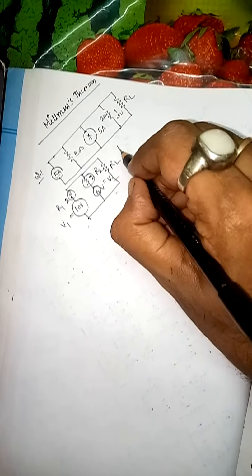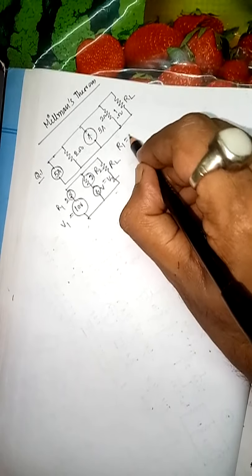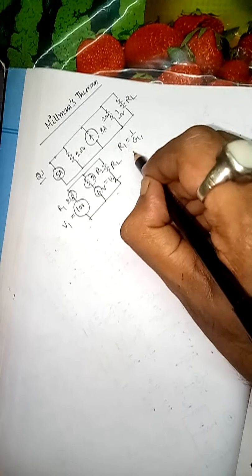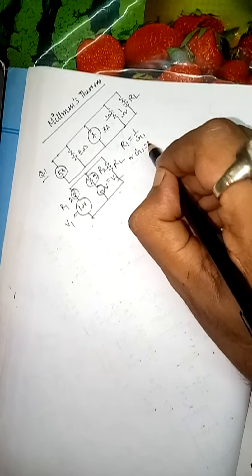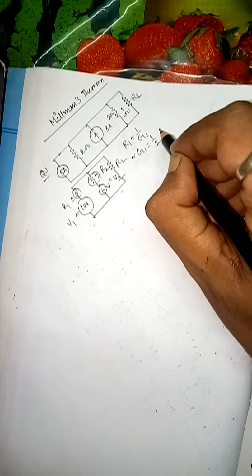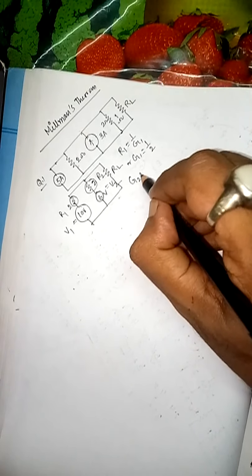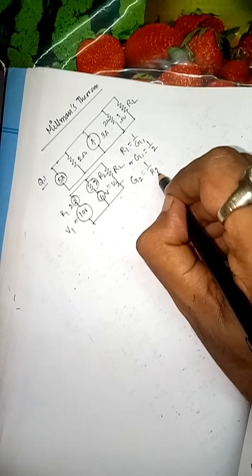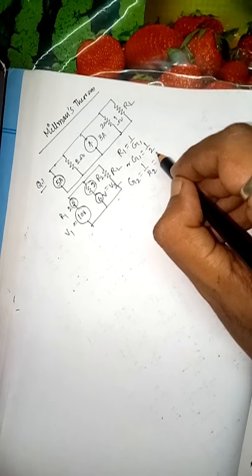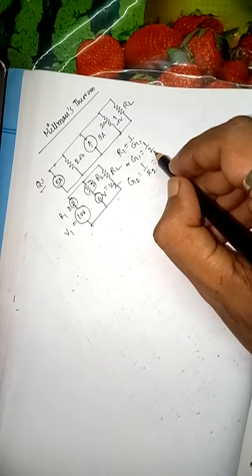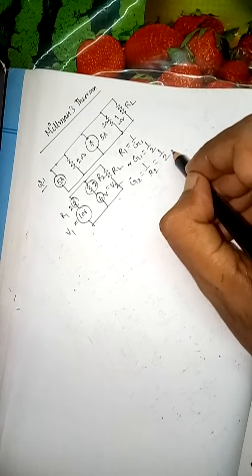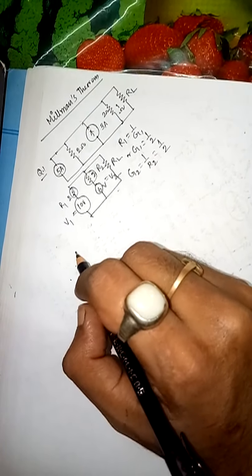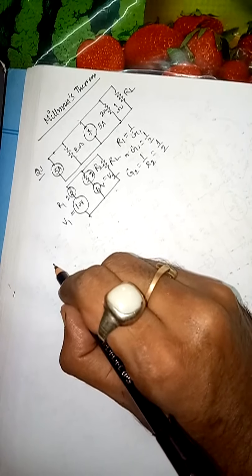First you have to convert R1 to G1, where G1 equals 1 by R1, so G1 equals 1 by 2. In the same way, G2 equals 1 by R2, equals 1 by 2. So what is the V Millman?